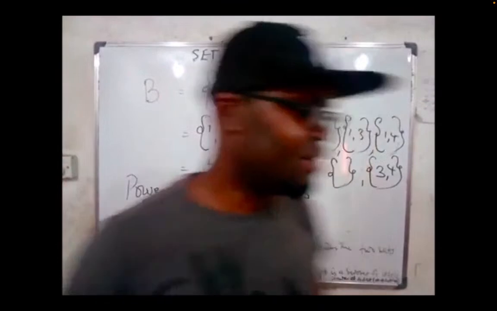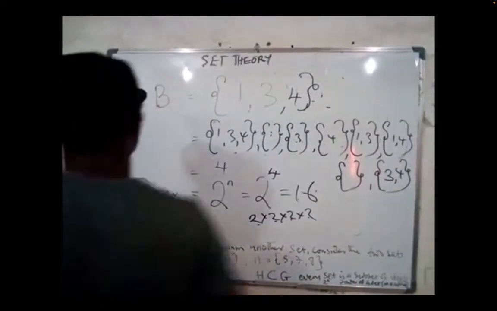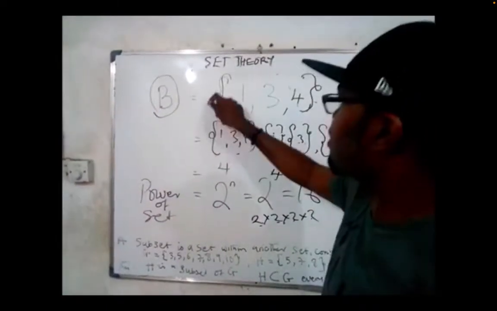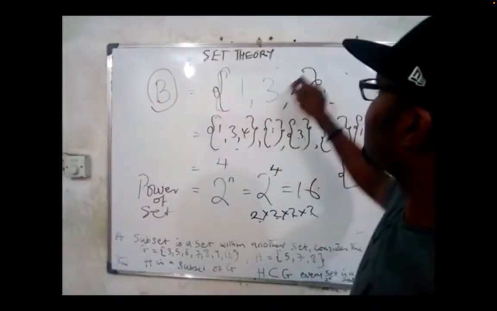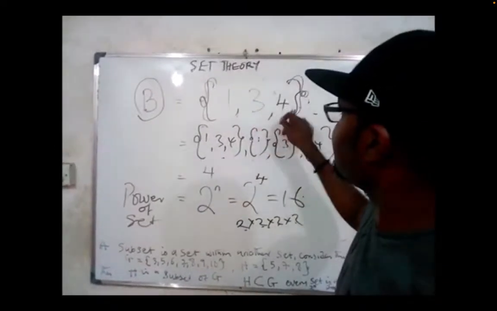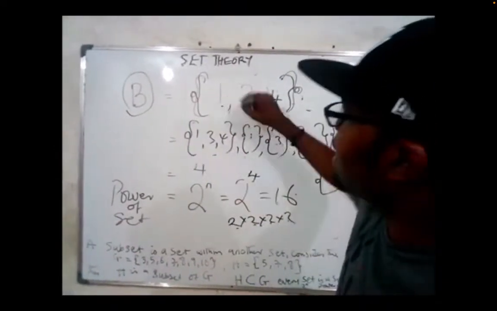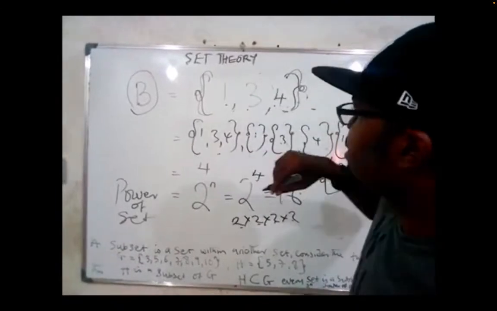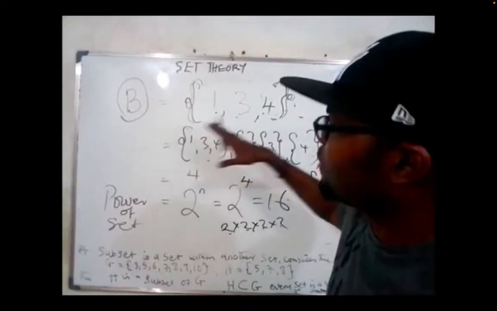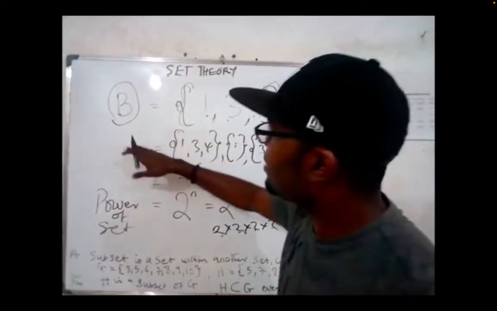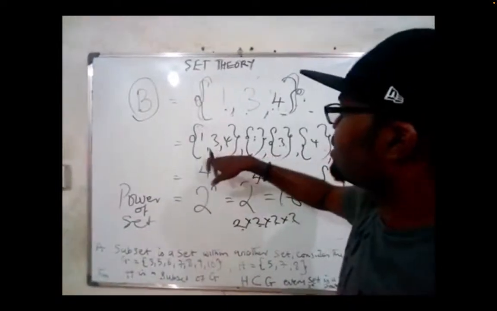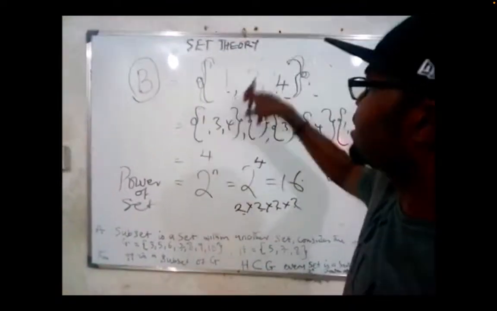So that is set theory. Make sure you understand. Every set is represented with a capital letter, and the collection must be enclosed in curly brackets, and the elements must be separated with commas. These are the elements. A subset of a set is another set that contains elements that are inside the main set.